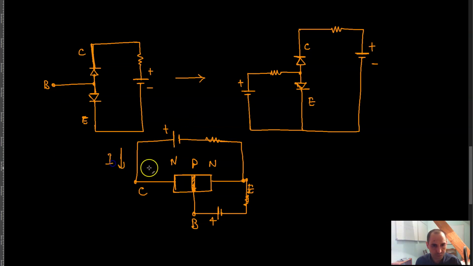Basically, this would be the collector current of your circuit and this would be the base current of your circuit, I of B, right?